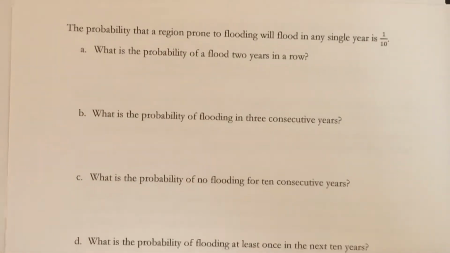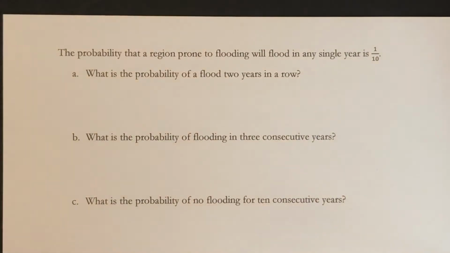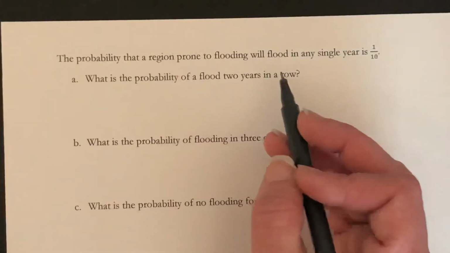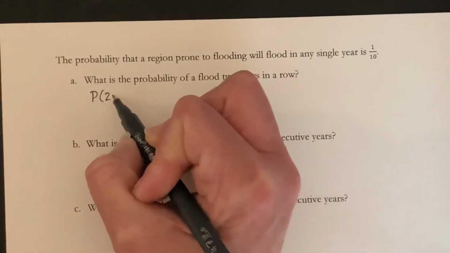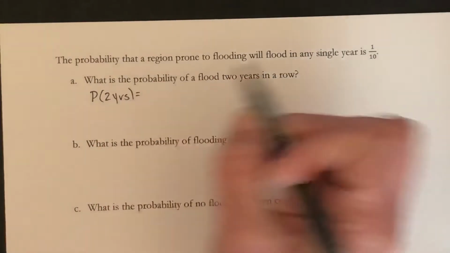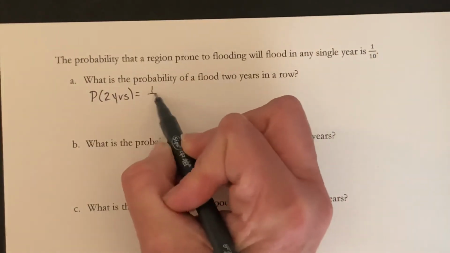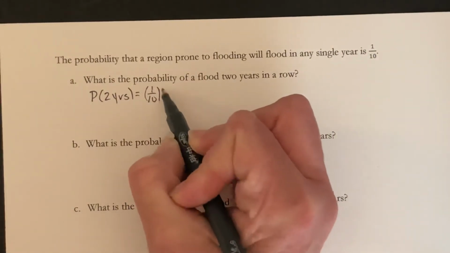Okay, similar problem. The probability that a region prone to flooding will flood in any given year is 1/10. What is the probability of a flood 2 years in a row? We have a different probability number here, but it's the same type of problem. The probability 2 years in a row would be 1/10 squared.